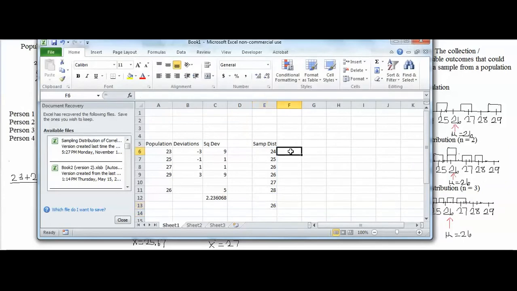Then we type in equals. Highlight this. Remember, we have to put in the dollar signs. There has to be a dollar sign right here and right here. Then we can press enter. Oh, I'm sorry.